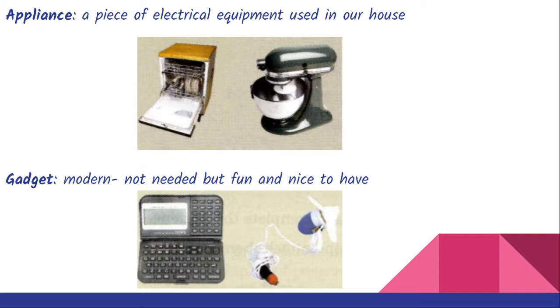In our houses, it is compulsory, for instance, to have a heater, and we do not need a cleaning robot or a gadget in the kitchen that cleans or something like that. So a gadget is modern, not needed, but fun and nice to have.